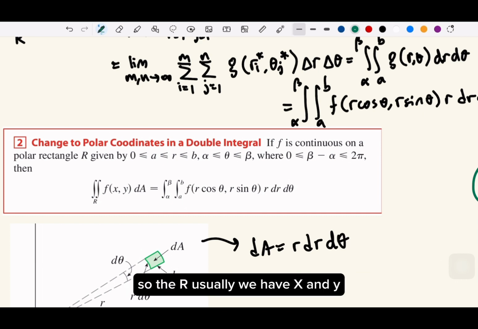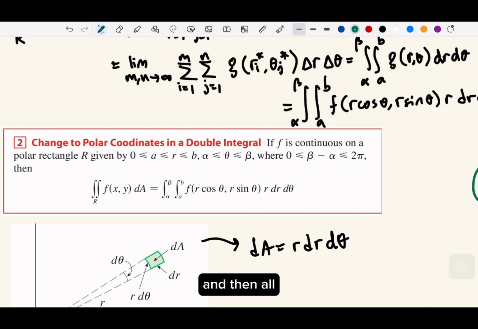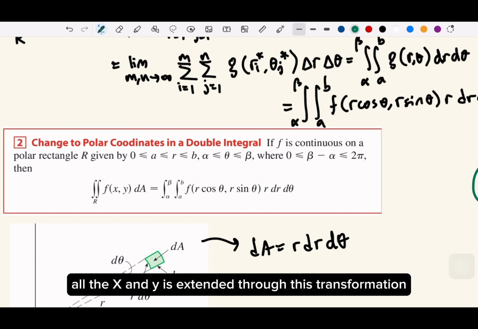Usually we have x and y. Now we need to make it into alpha and beta, which is the theta, and then a and b is the r. All the x and y is exchanged through this transformation.